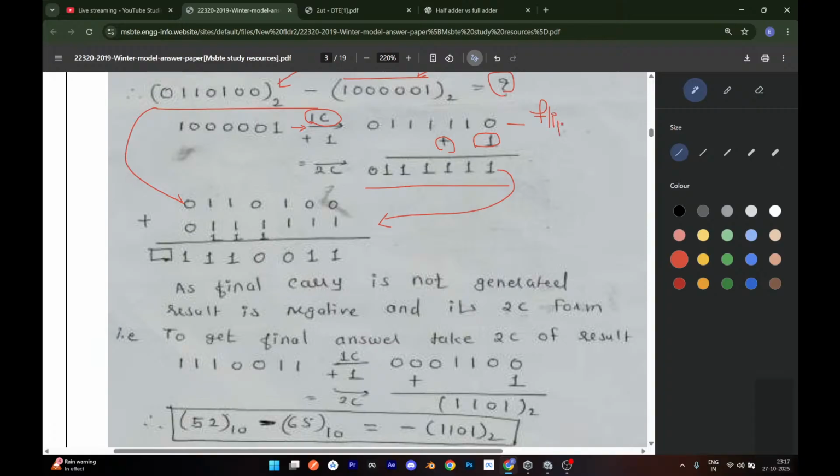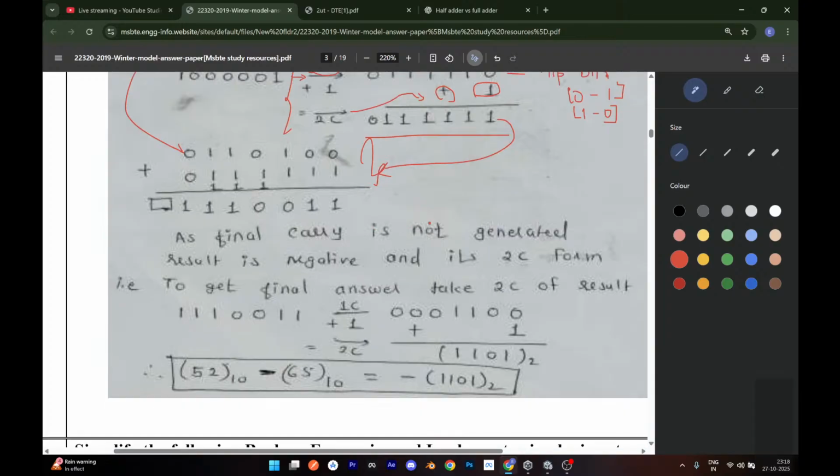Flip bits means if it is zero, it will be one, and if it is one, it will be zero. Basic logic of first complement. Second complement says we always add one to the existing number or bits. After this, the answers which we got by applying first and second complement will be added.